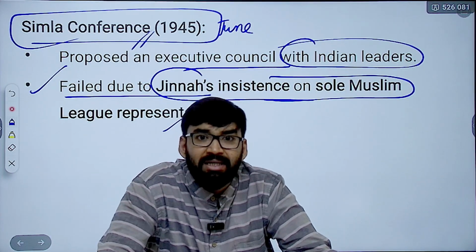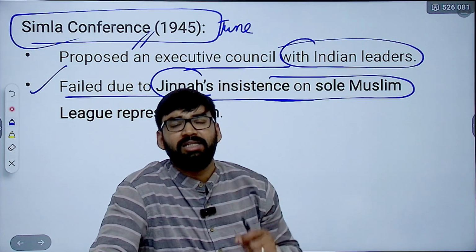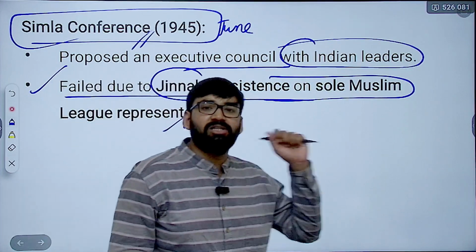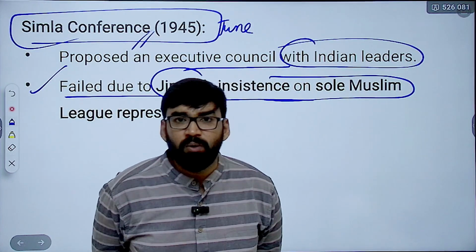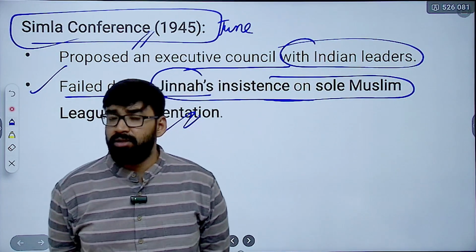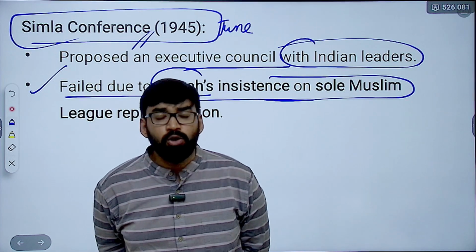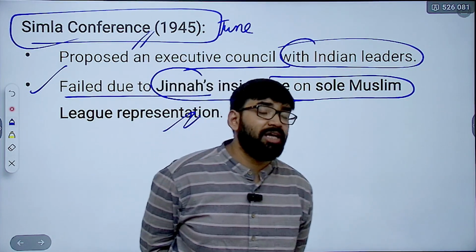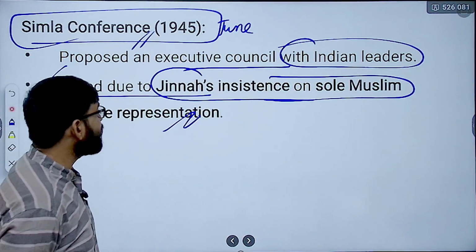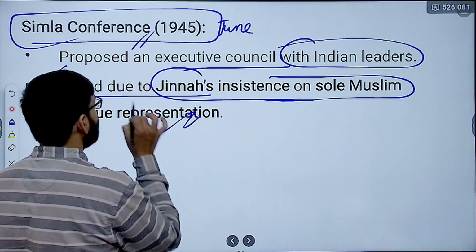So Jinnah said that Congress would not nominate any Muslim members without his consent in its share of portfolios, and Congress rejected this demand. Now, the 1945 elections were held after the Second World War. At the same time, अब elections ब्रिटेन में भी होने वाले थे, समझ में आ रहा है. तो ये सबसे बड़ा पॉलिटिकल डेडलॉक आ गया कहां पर, शिमला कॉन्फ्रेंस में.